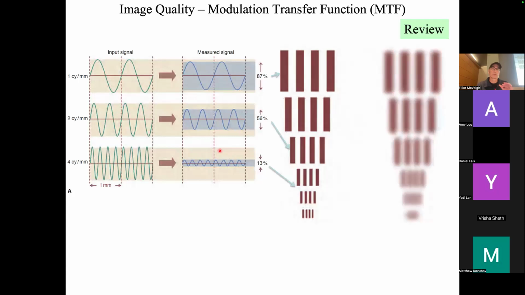Just to review, recall, we asked, what does our imaging system do to a signal that has an amplitude and a frequency? It attenuates the contrast between the positive and negative pixels at this frequency, such that this pattern, once I've imaged it, looks like this.